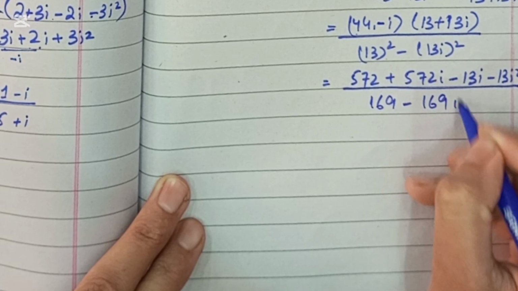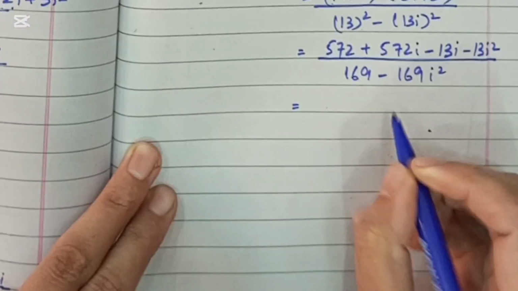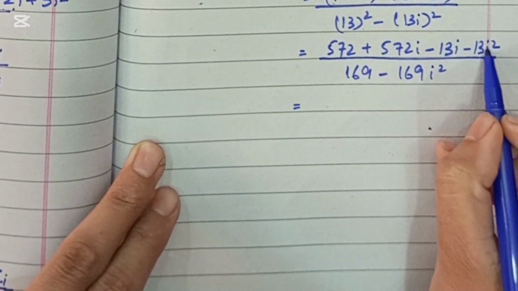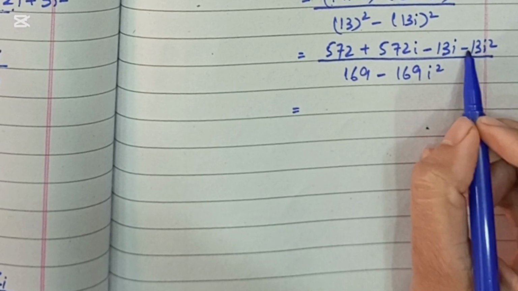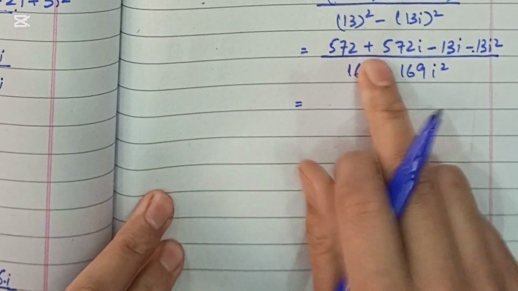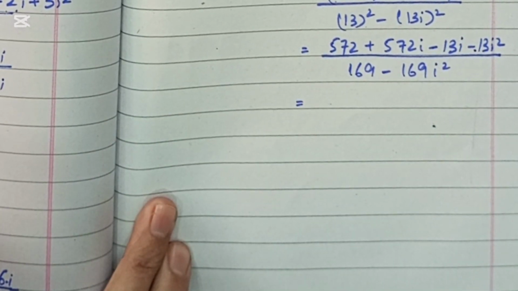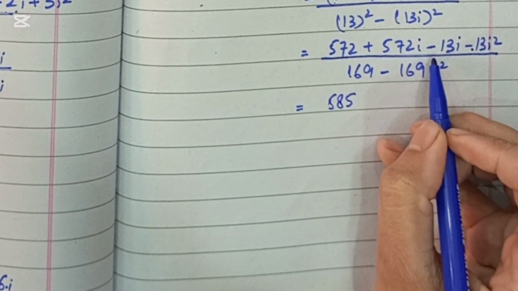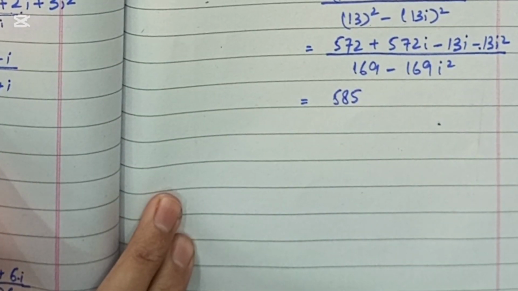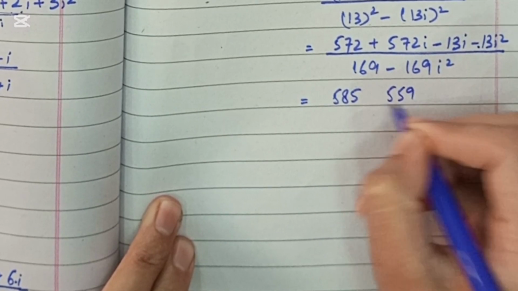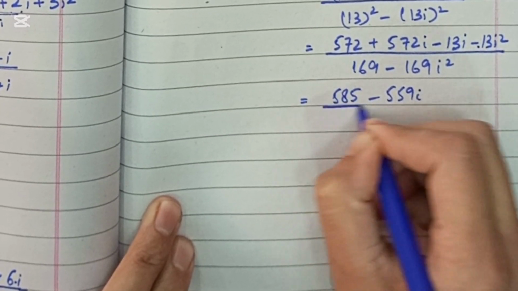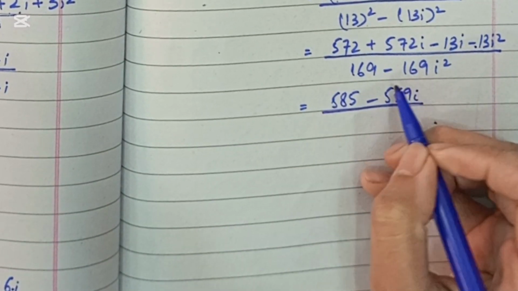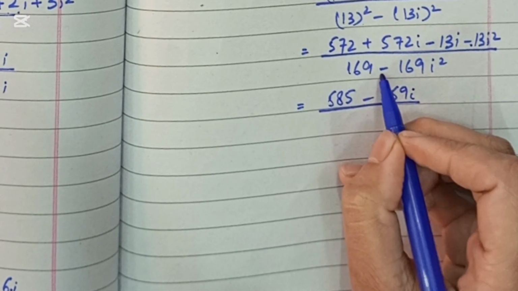So we will write it like this. Okay, so here this is iota square. Again it will change the sign. Plus 572 plus 13, 585, and 572 minus 13, 559 iota. And in the denominator, iota square will again change the sign.